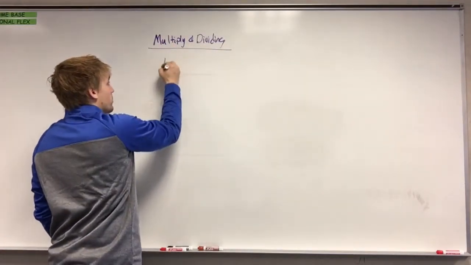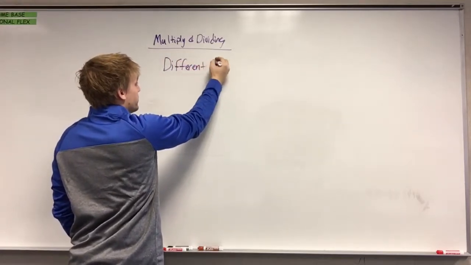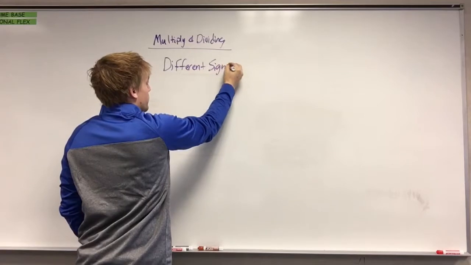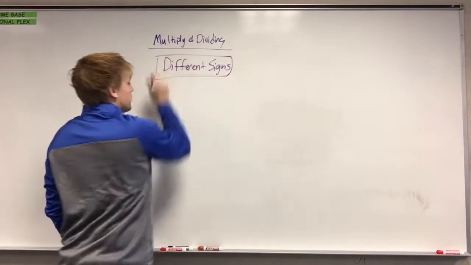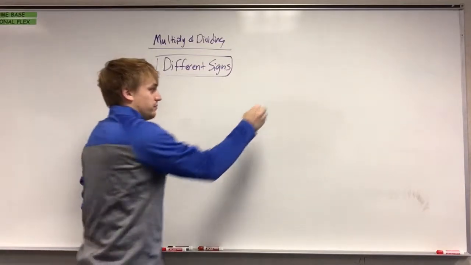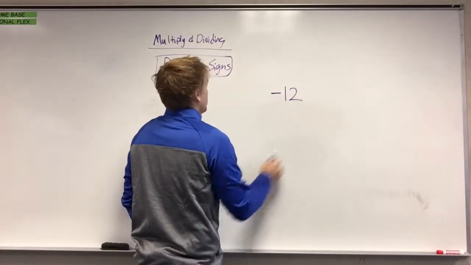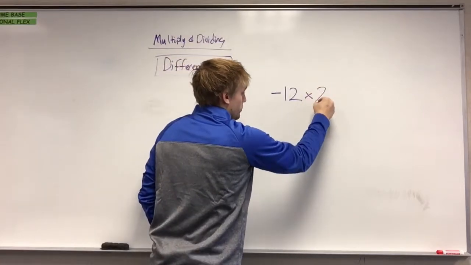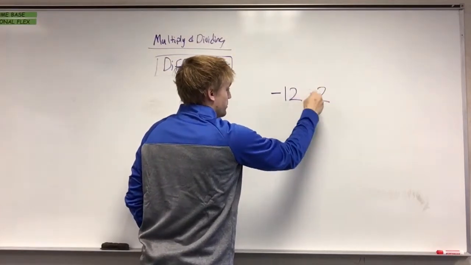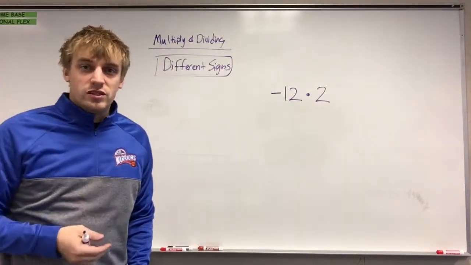And we want to talk about when the signs are different. What's the rule when the signs are different? For example, let's say we had negative 12 times 2. I'm going to write a times sign with a dot, like we've learned with equations and expressions.